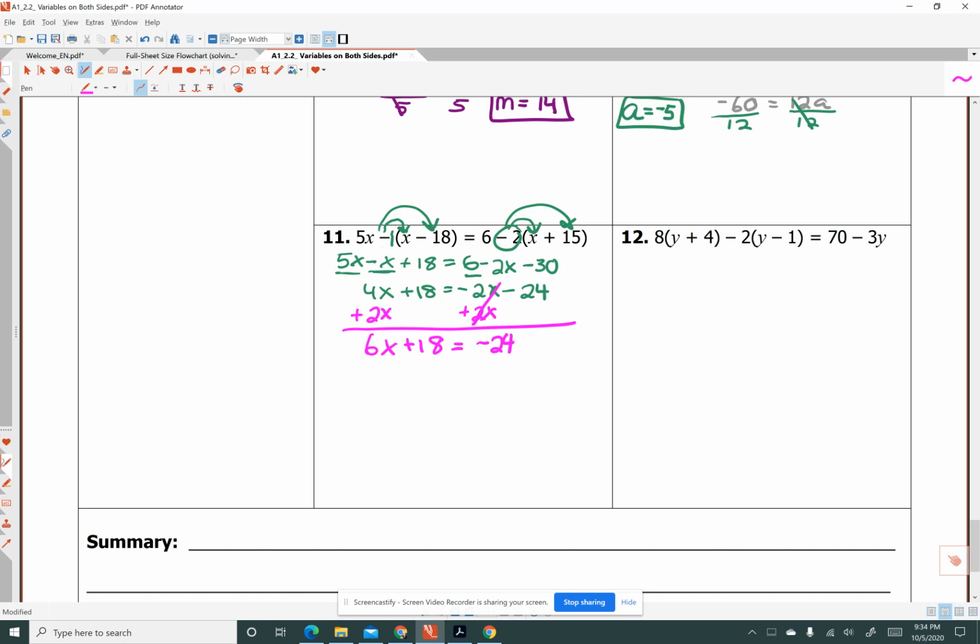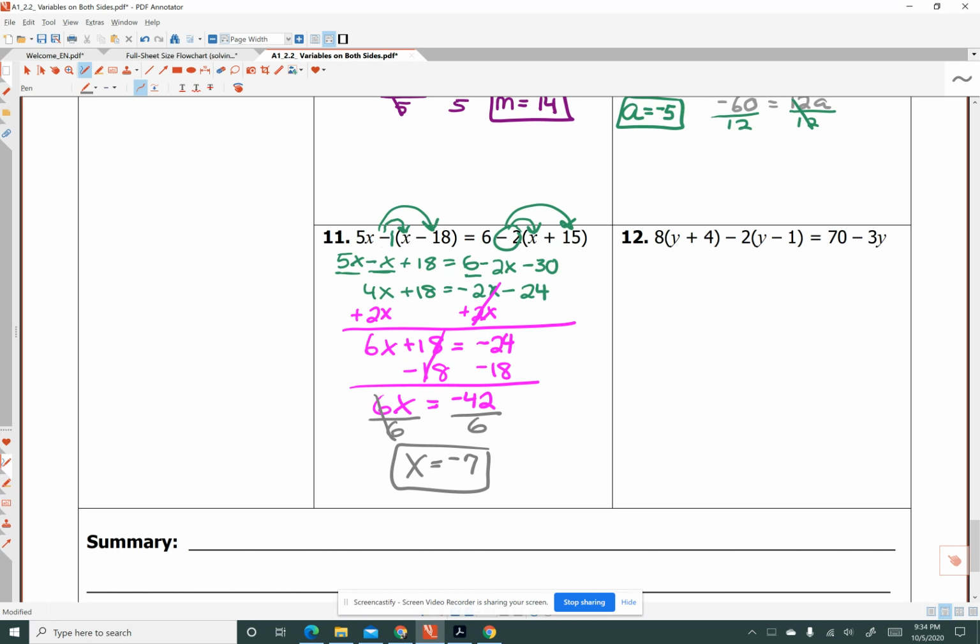A couple of steps left. I'm going to move the 18 over to the right by subtracting, and whatever I do to one side, I do to the other. So 6x equals negative 42. And now I'm going to divide both sides by 6. So it's a negative divided by a positive over here. X equals negative 7.